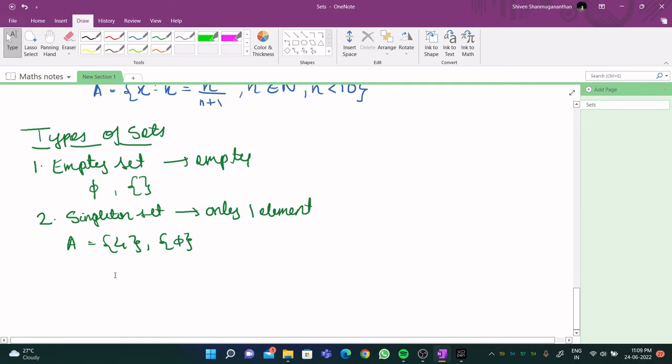The next type is finite sets. As I talked about earlier, a finite set is a set with a limited number of elements. Now, the cardinal number of a finite set.